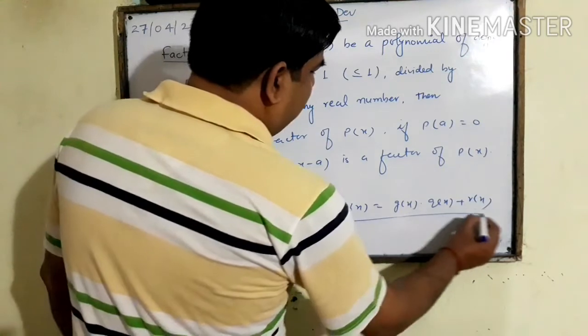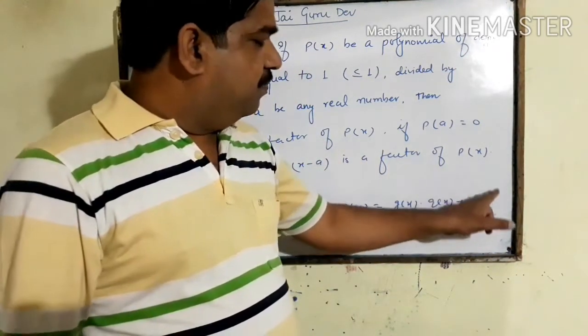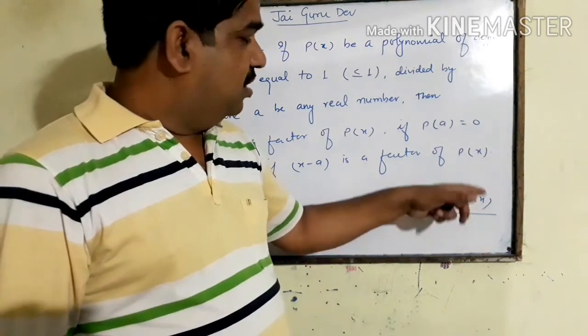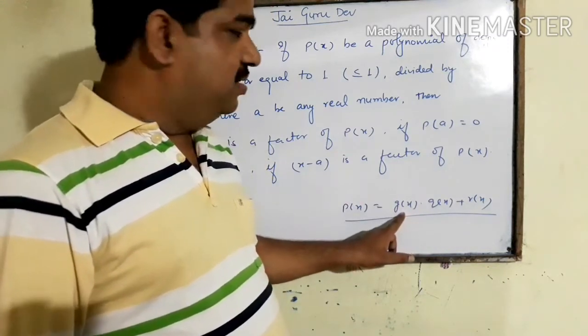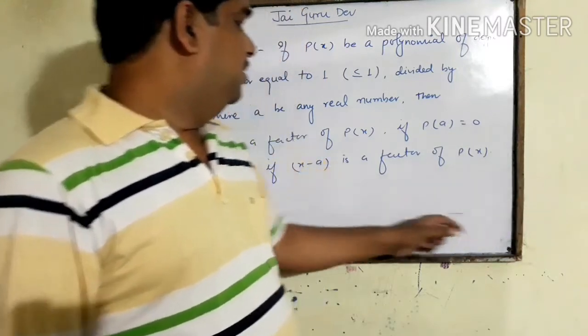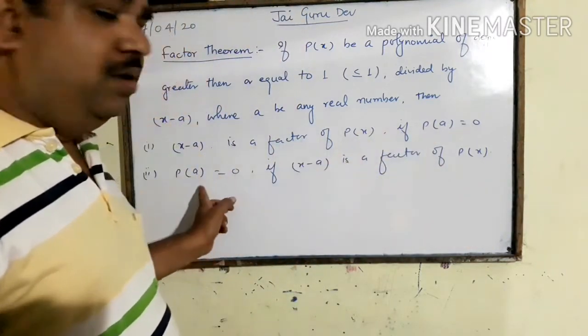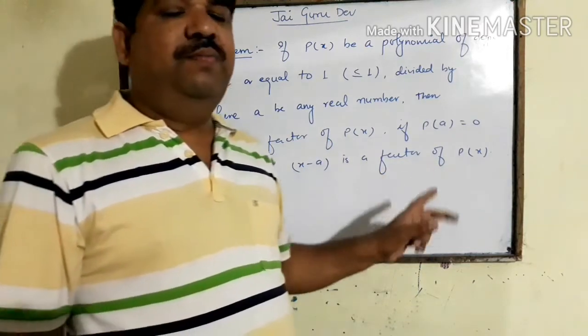If the remainder is 0, then the divisor polynomial g(x) is a factor of the dividend polynomial. This is used in the factor theorem. Here the remainder p(a) equals 0, so x minus a is a factor of p(x).